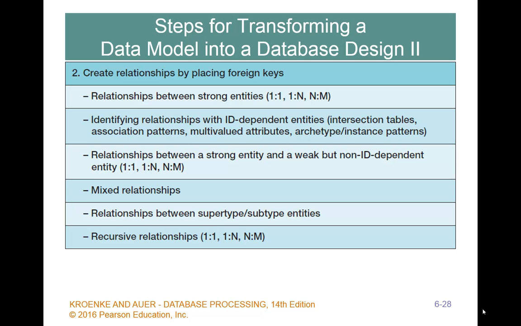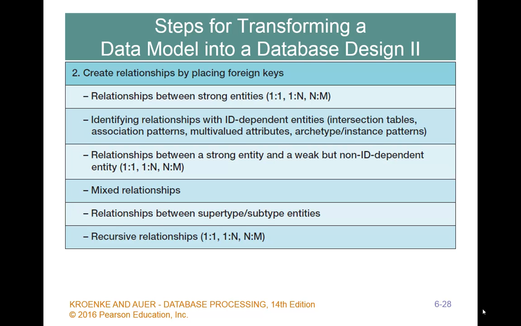And then we need to identify relationships that are identifying, those that are considered ID dependent or that parent-child type relationship. And then we need to determine if we have any mixed relationships, and then our supertype subtype entities.